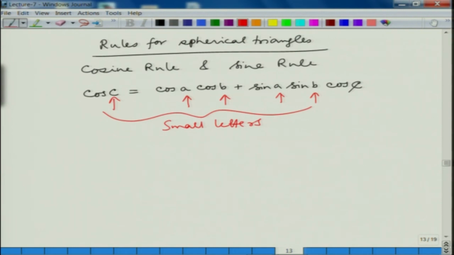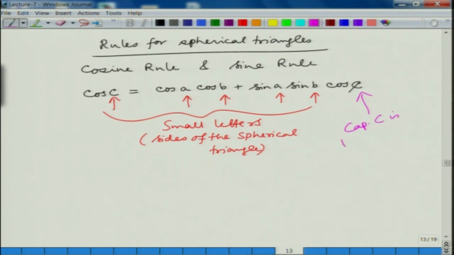That means these are sides of the spherical triangle. Only this capital C is the angle of the spherical triangle.